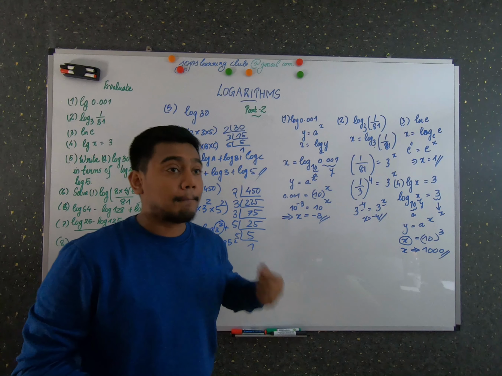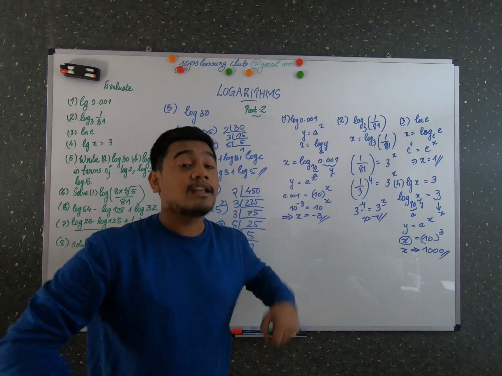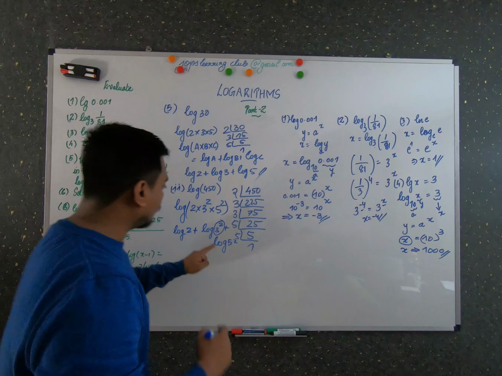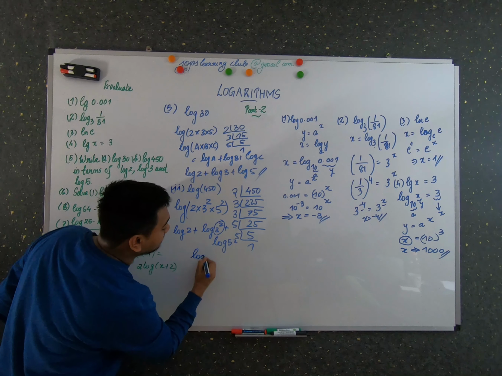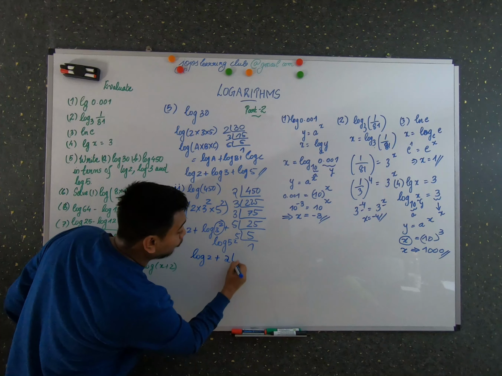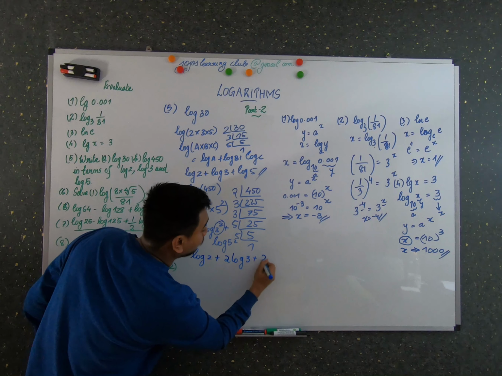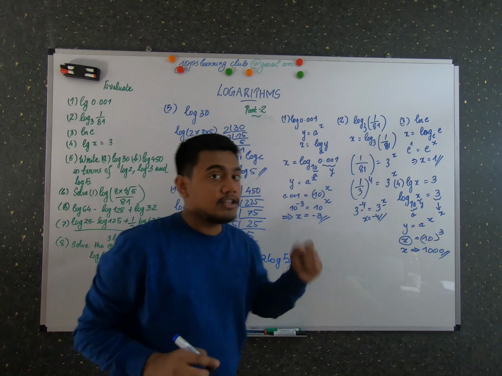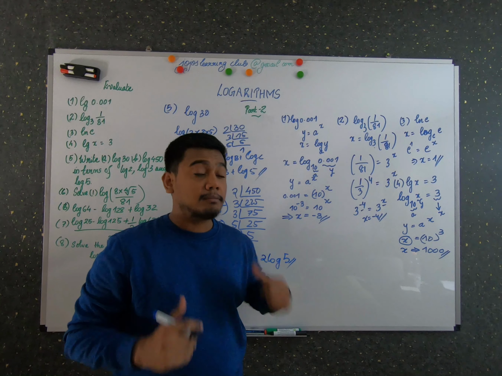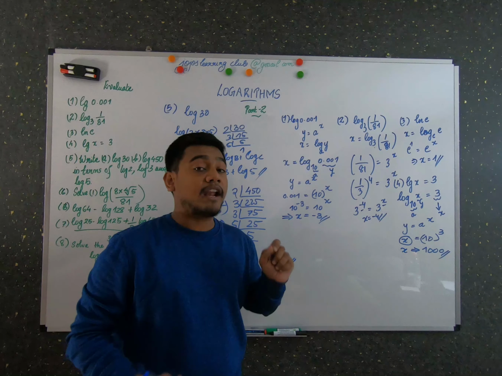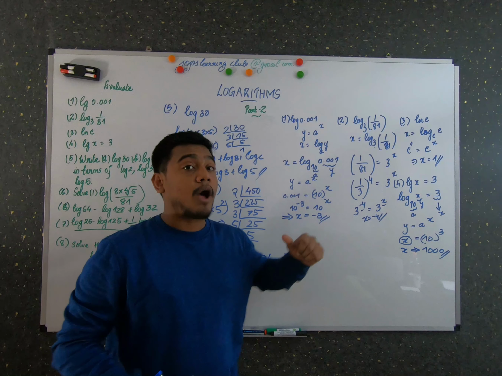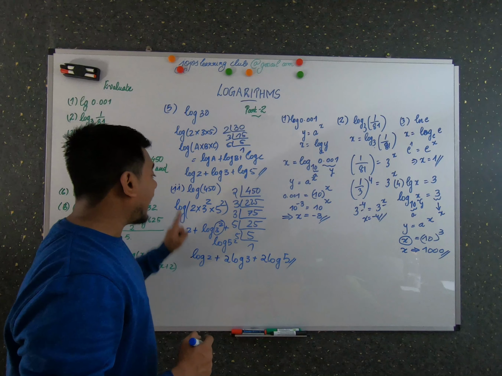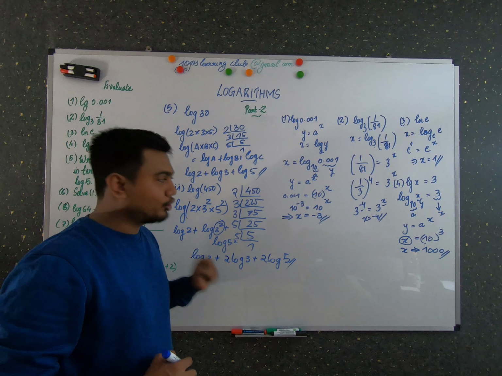For example, log of a raised to n, you can express as n into log a. So in the similar way, you write this as log 2 plus 2 log 3 plus 2 log 5, right? If you have any doubts on these laws of logarithms and how I am using them, please refer to my section 1 where I have explained in detail how to apply the laws of logarithms in problems. So this is the answer for the second problem.